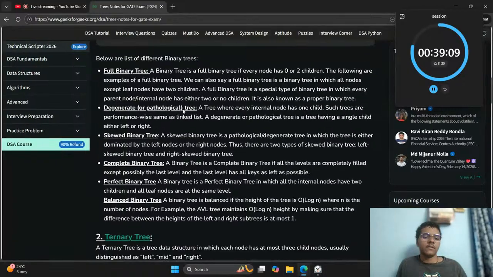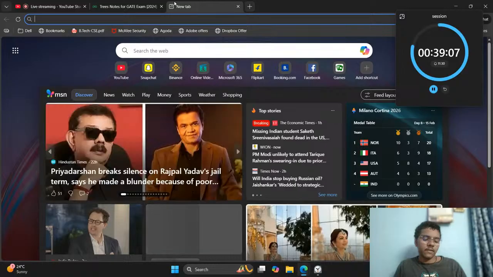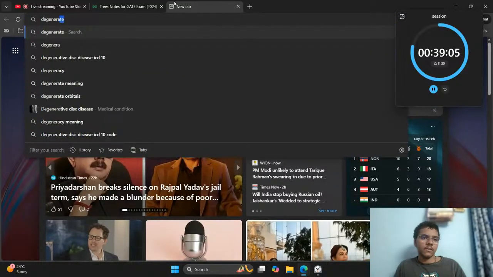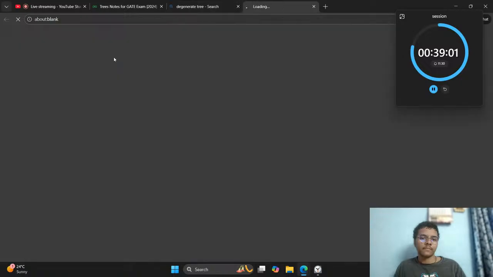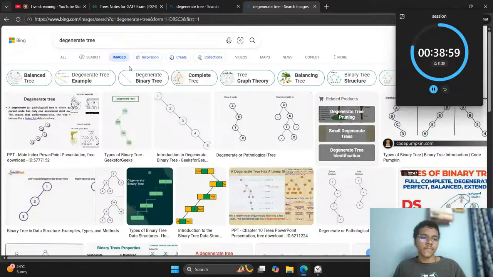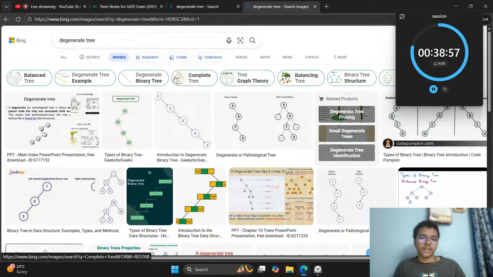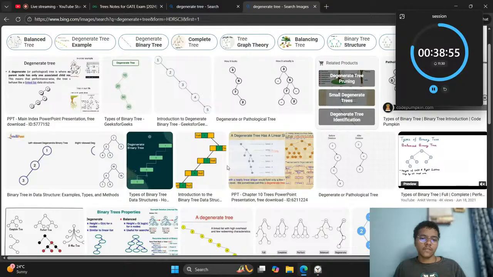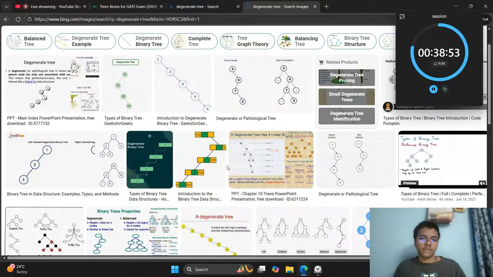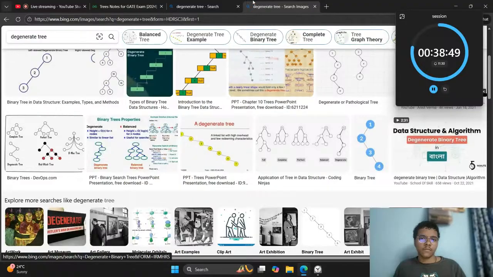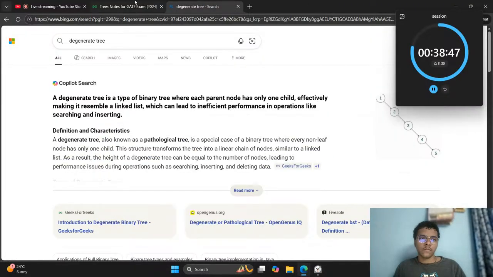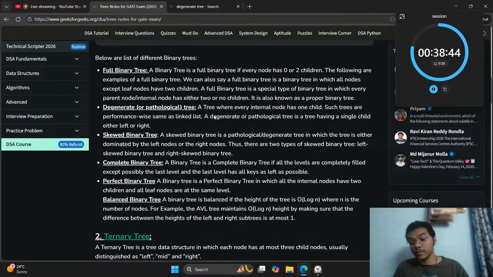Degenerate tree. Okay, kind of like a skewed tree. Yep, that is what came to my mind when reading the theory in the first place.